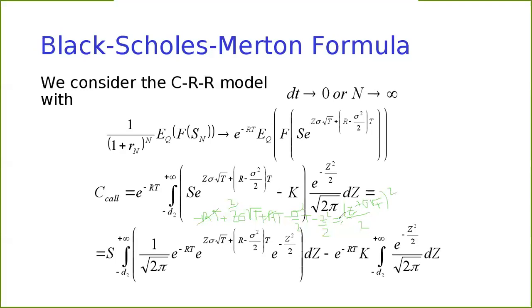So z square we have, sigma square t we have, and minus, no plus, it's minus because we write minus before this fraction, and minus the double product of z and sigma square root of t. Yes, so it is our new variable z minus sigma square root of t.